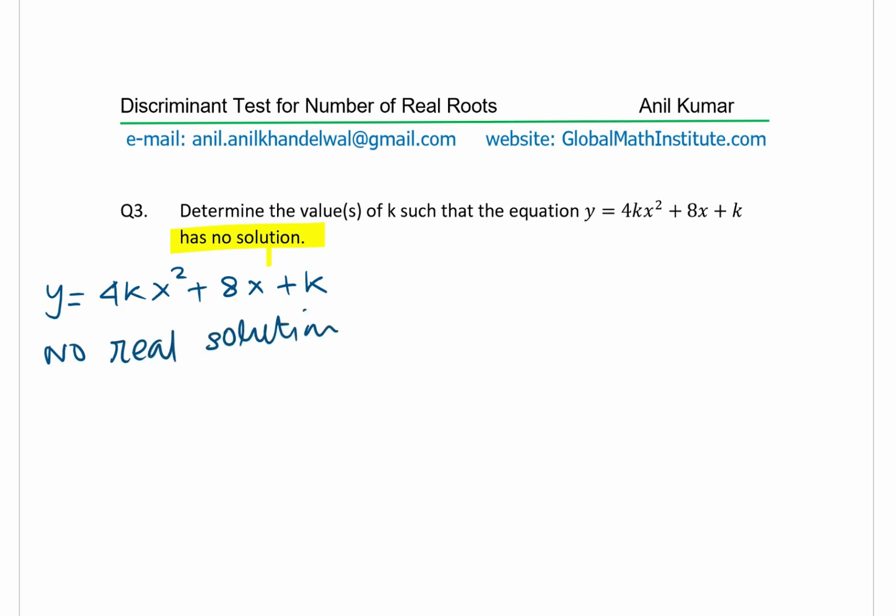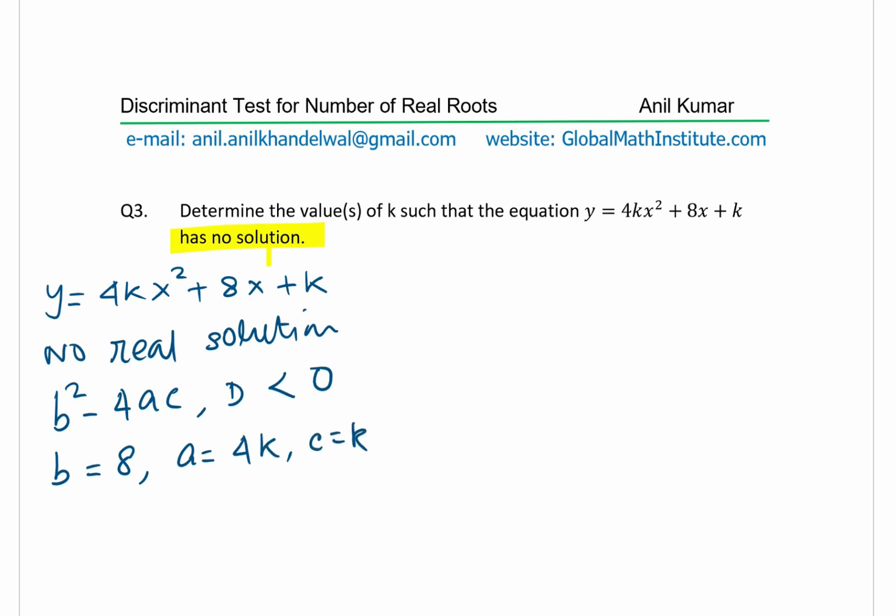No real solution will mean that b squared minus 4ac, which we call the discriminant, is less than 0. So in this case, b is equal to 8, a is equal to 4k, and c is equal to k.